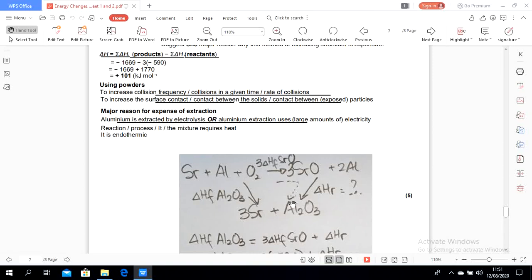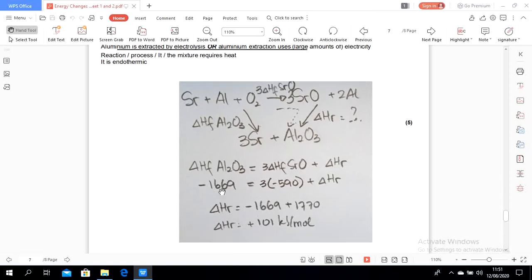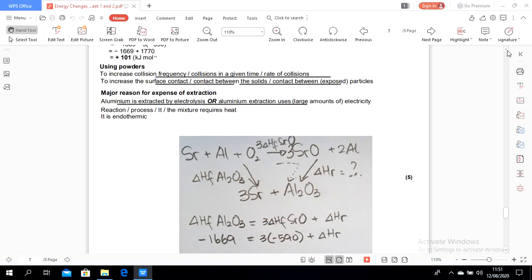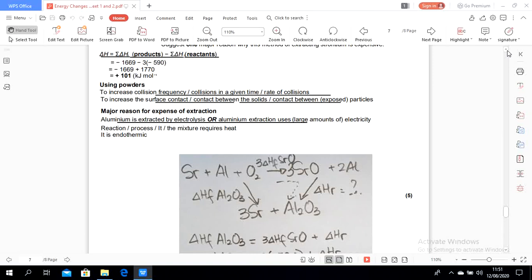There are 3 moles of strontium oxide, so the delta HF must be multiplied by 3. So we find the delta HR because it is a reaction, and then we use the formula and substitute the values, do the simple algebra, and then we get the same value as we do with the conventional method in IGCSE.